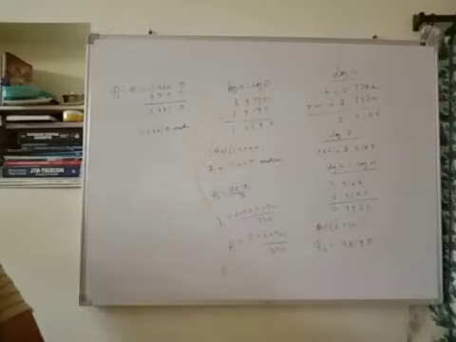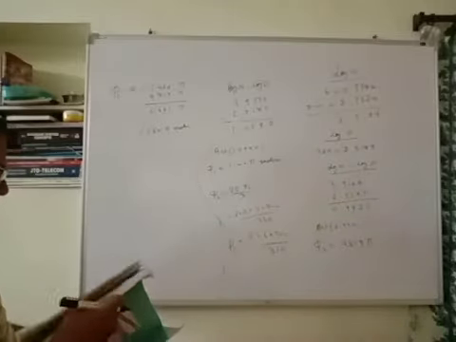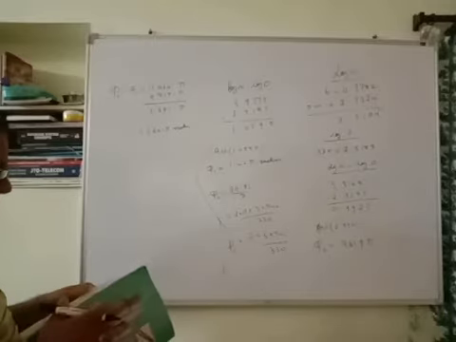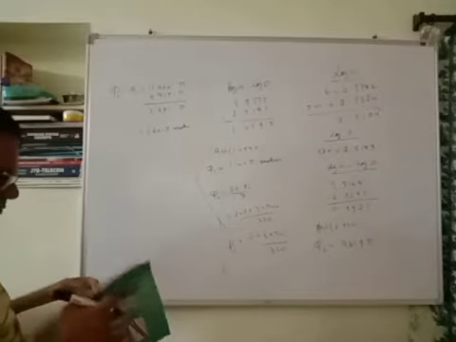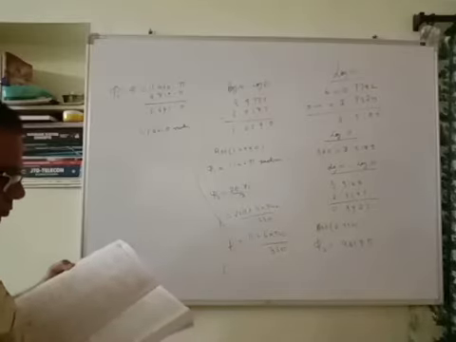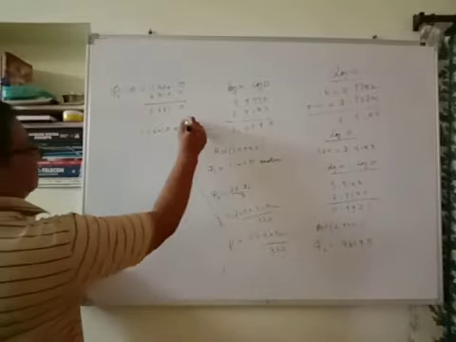So the phase difference is 1.6416 pi. Let us see what answer he has given. Okay, 1.6416, right.